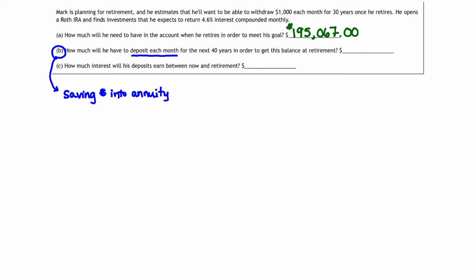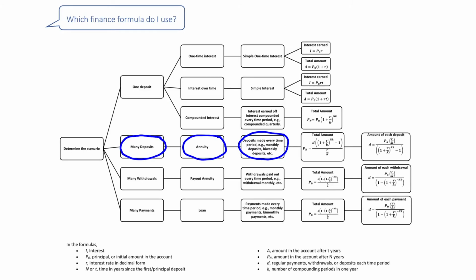Let me go back to that formula sheet one more time. We are looking for the monthly deposits. So we are going to be looking at this formula on our formula sheet: what is the amount of each deposit for an annuity where you're putting money into a retirement account? Let's copy that formula and take it back with us to actually solve the problem.